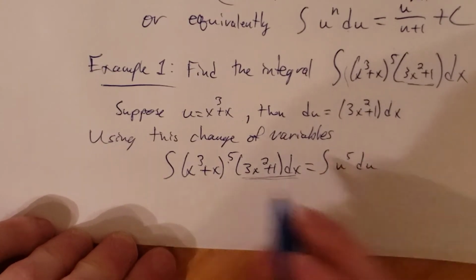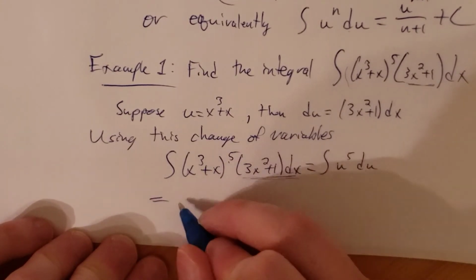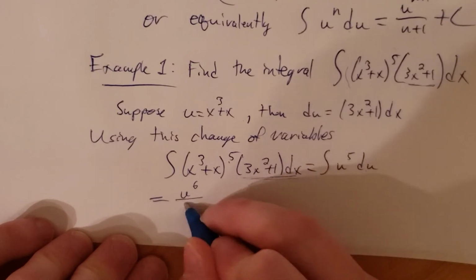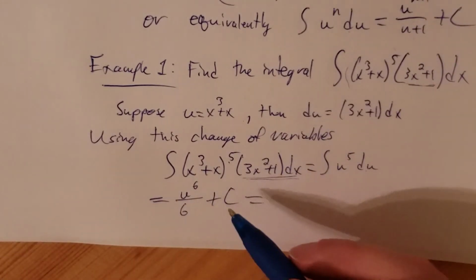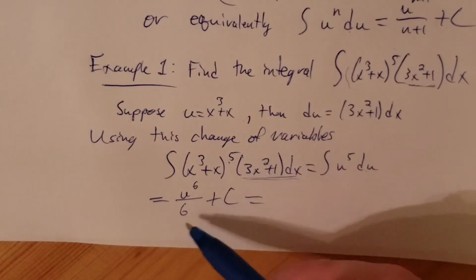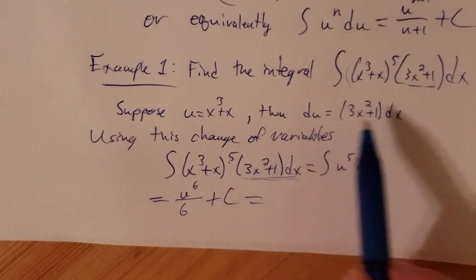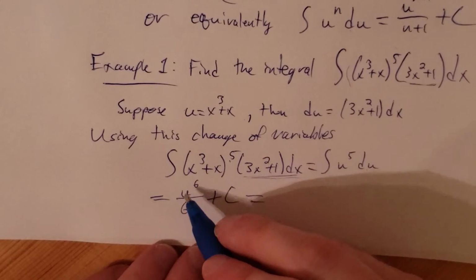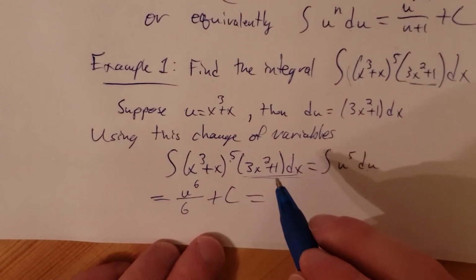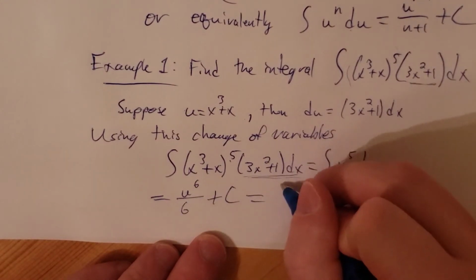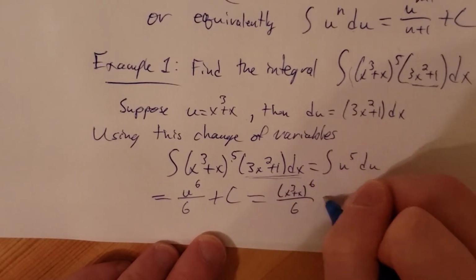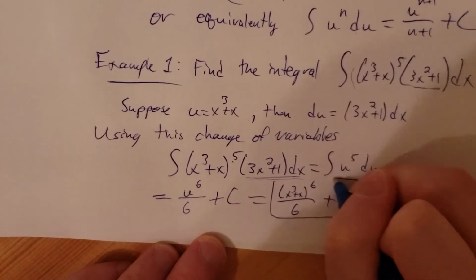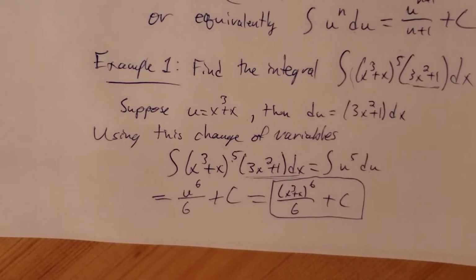Well, this is an integral we know how to take. This is just u to the sixth over 6 plus some constant c. And we don't want our integral in terms of u because we started with a function of x, so we just substitute what u is back into the function. So this is now x cubed plus x to the sixth power over 6 plus some constant c. And now we have our integral in terms of x.